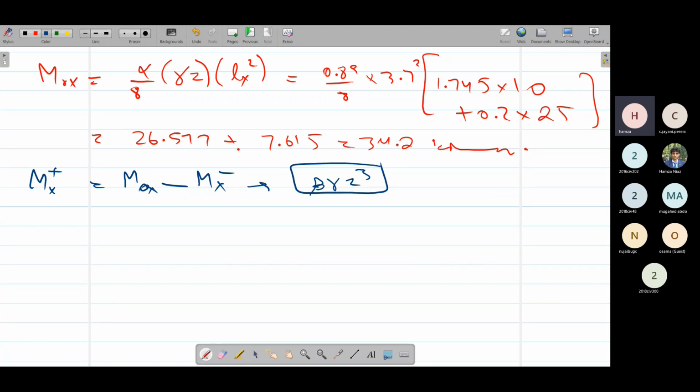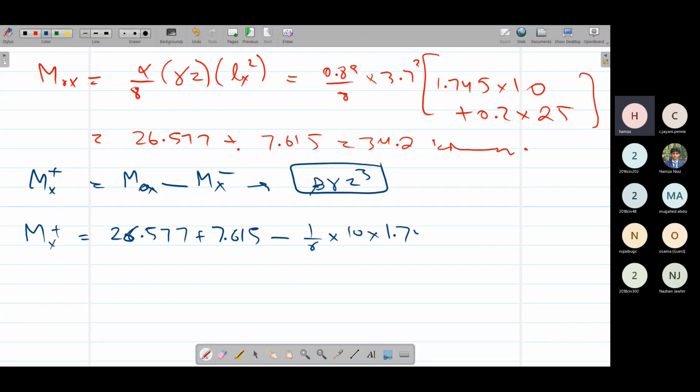Remember this formula. The positive moment Mx positive would be 26.577 plus 10.615 minus beta into gamma z cube, 1 by 6 into gamma 10 into z cube, 1.745 cube. Here no need to apply concrete, just use the water one. This way we can calculate the Mx positive moment, the positive moment for this horizontal x portion.